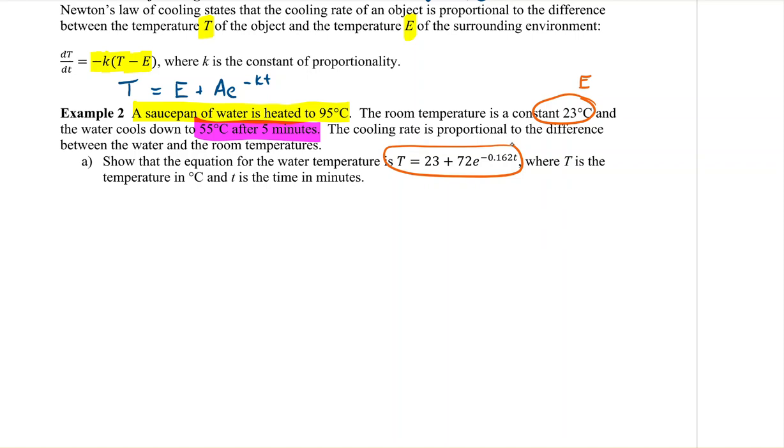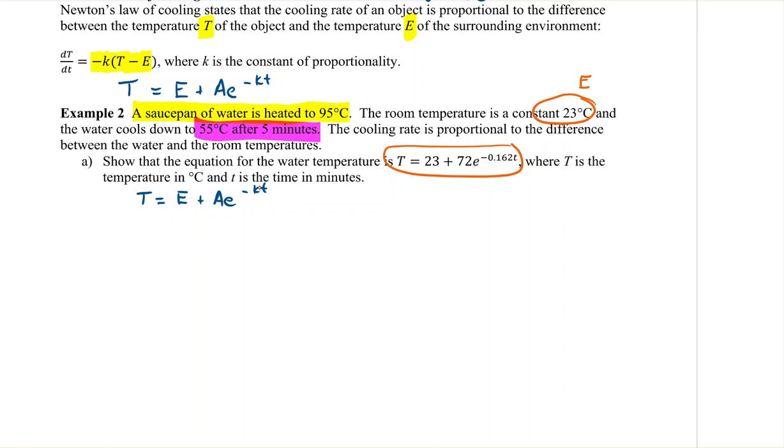Now, if it says to show the equation, it means you have to start with no known variables and show how you put things into it, show how you work them all out. So my starting equation, the one I've already written up there in blue, is T equals the environment temperature plus A E to the minus KT.